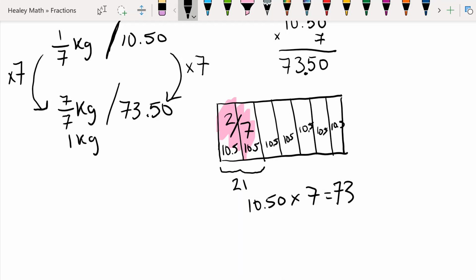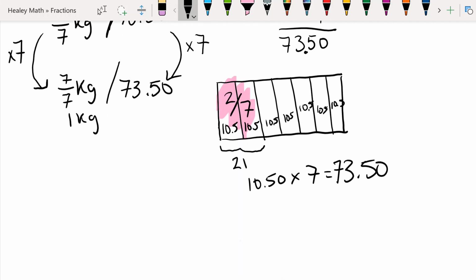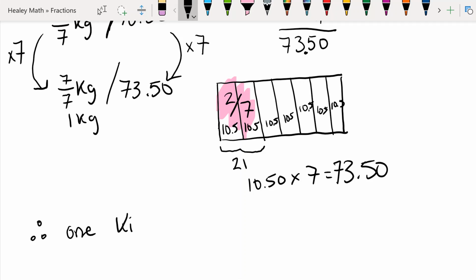And we got 73.50. So therefore, 1 kilo will cost $73.50.